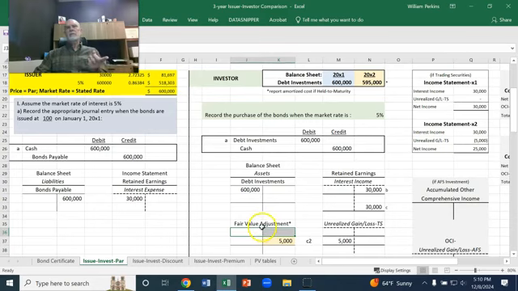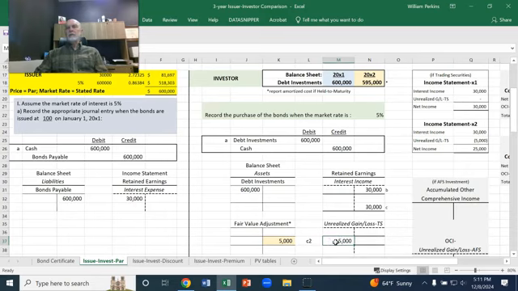At the end of the second year, the market value is $595. So we need to bring the $600,000 carrying value down to $595, so we would put a credit into the adjustment account and debit an unrealized loss.